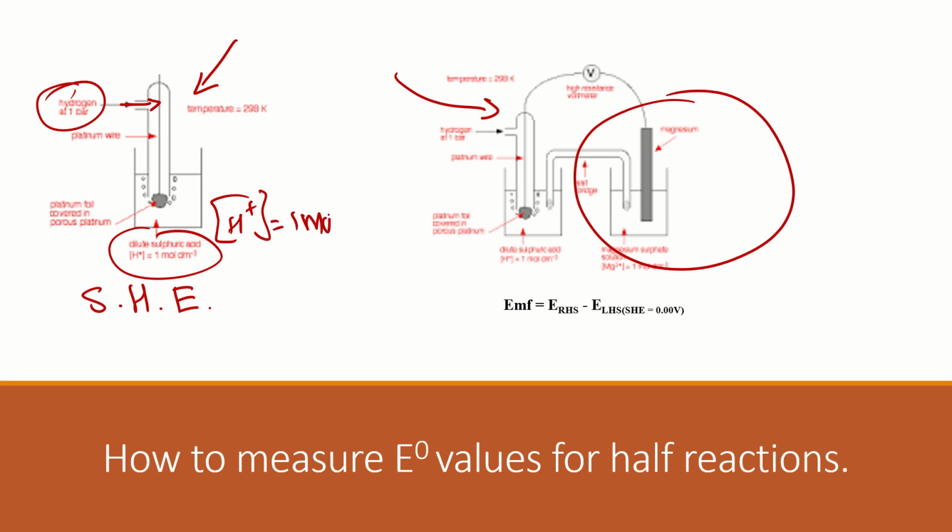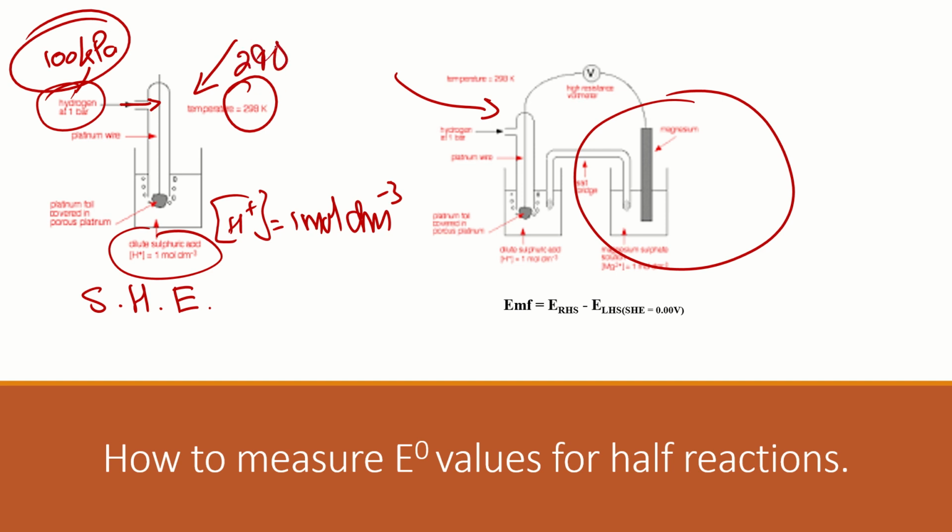These are the standard conditions under which a cell operates. The hydrogen gas is bubbled in at 1 bar or 100 kilopascals, we would say nowadays, and the temperature is 298 kelvins. Those are our standard conditions whenever we're dealing with the hydrogen half cell.